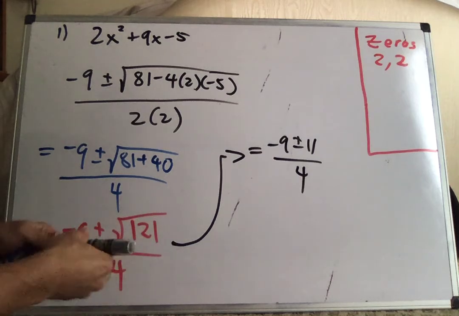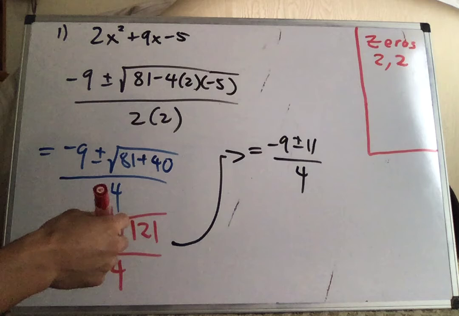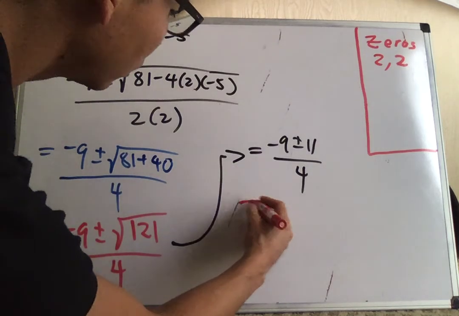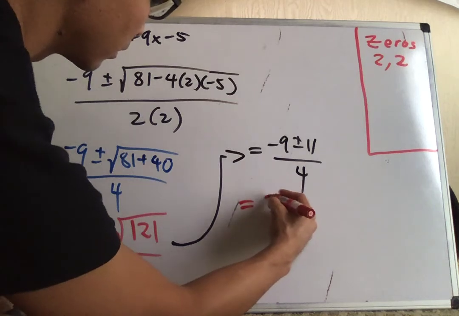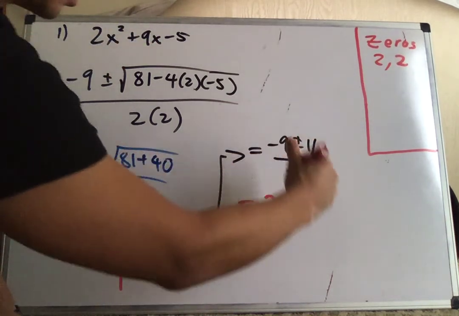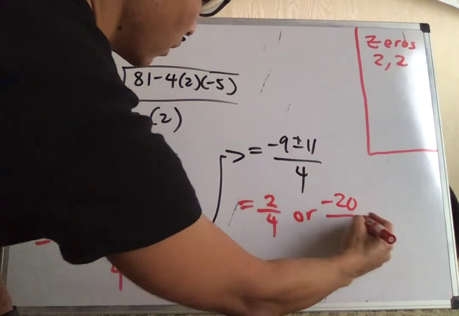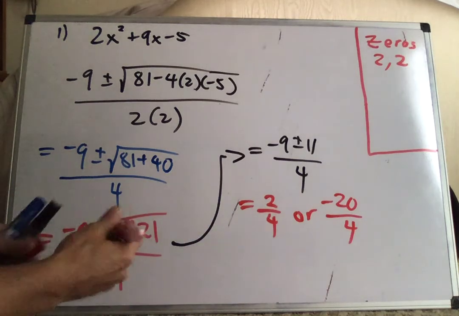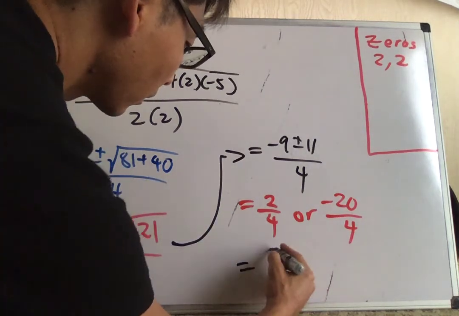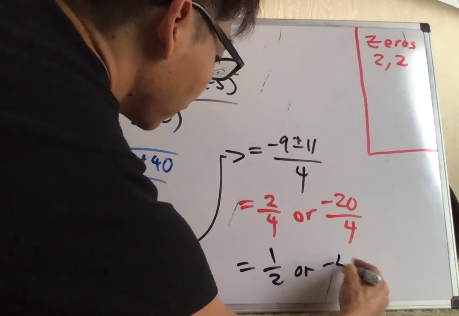Negative 9 plus 11 is positive 2 over 4. And negative 9 minus 11, that's going to be negative 20 over 4. And then simplify that. 2 over 4 is a half. And negative 20 over 4 is negative 5.